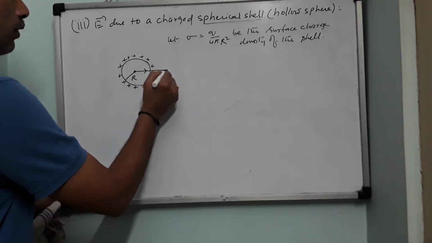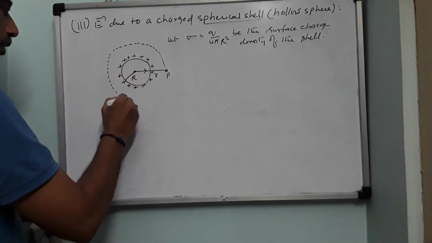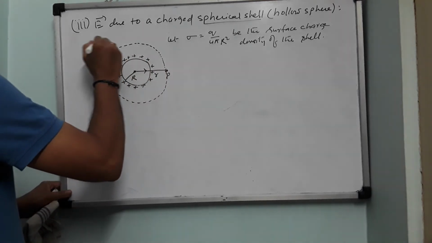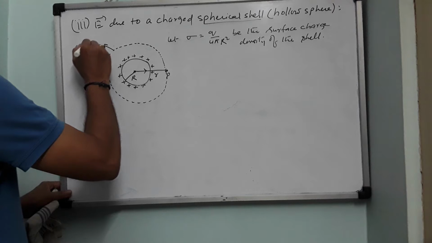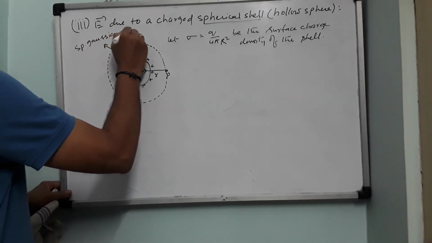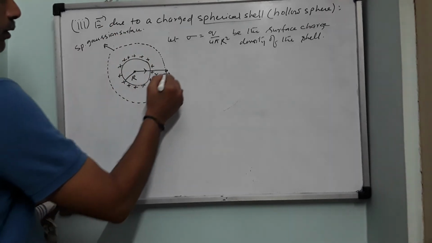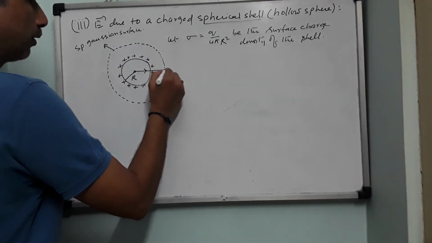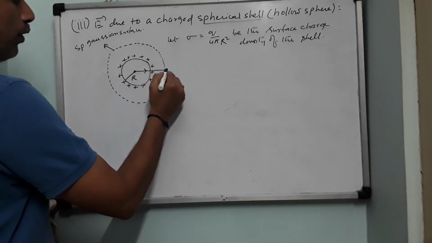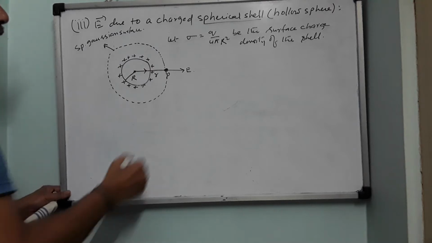In such a case, your Gaussian surface will become a sphere of radius small r. This is a spherical Gaussian surface. At point P, this charge will produce an electric field radially outwards because it is a positive charge.